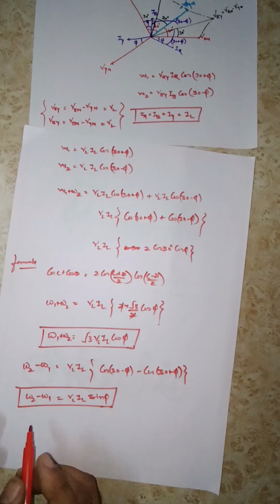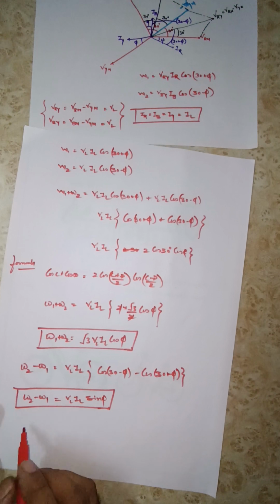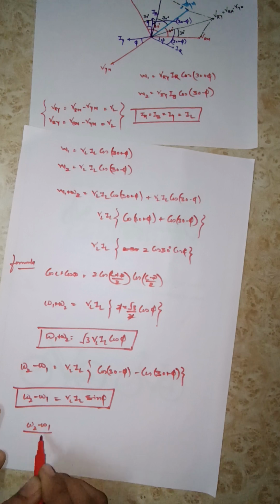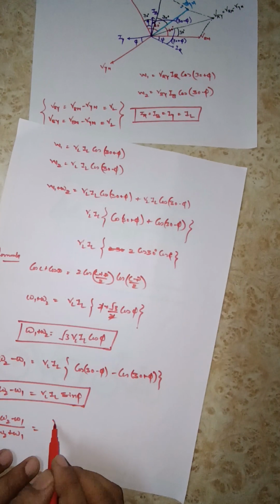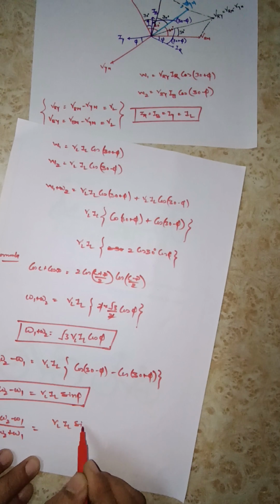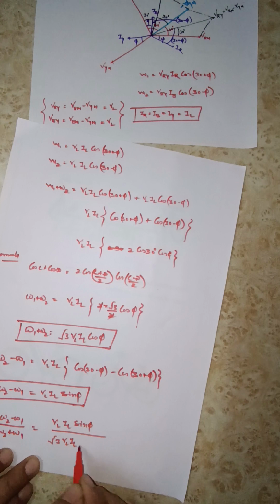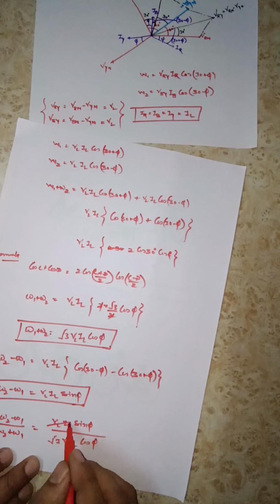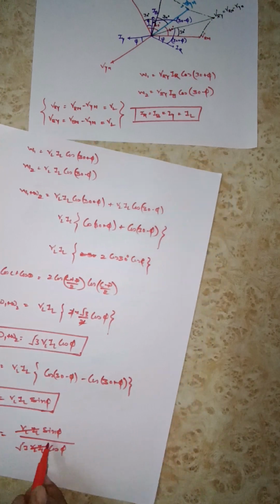Okay. Now let us take the ratio of these two readings. W2 minus W1 upon W2 plus W1. So VL IL sin phi upon root 3 VL IL cos phi. VL IL will get cancelled out. Let me multiply root 3 to that side.